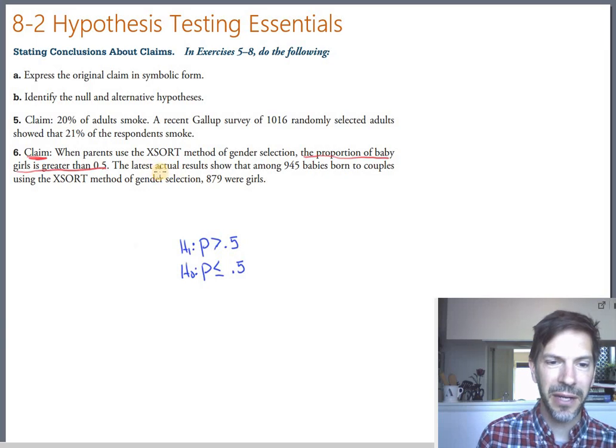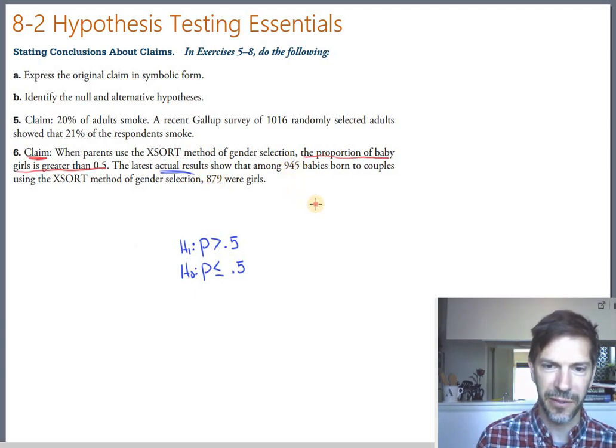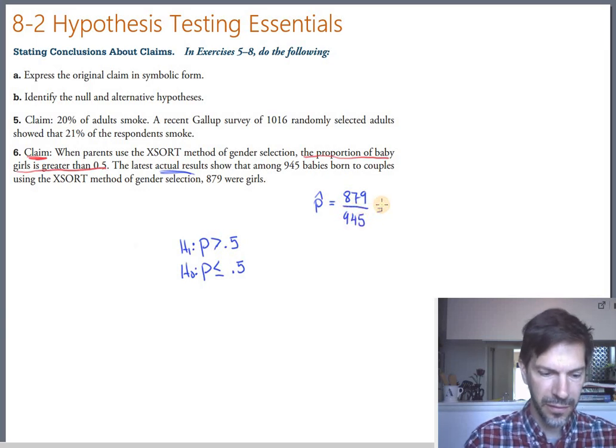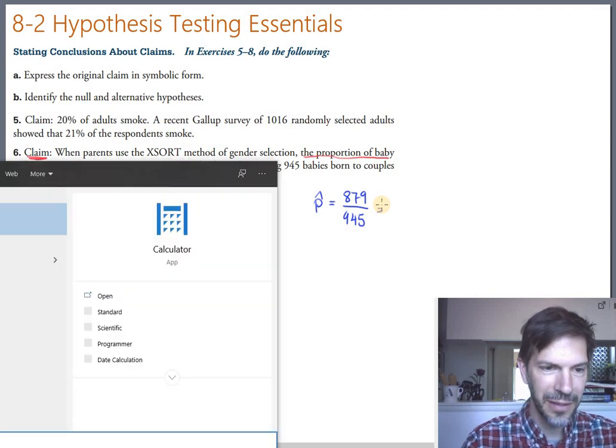So the latest actual results showed that out of 945 babies, 879 of them were girls. So the sample came out that 879 out of the 945. I don't know what that percentage is, but it's pretty high.